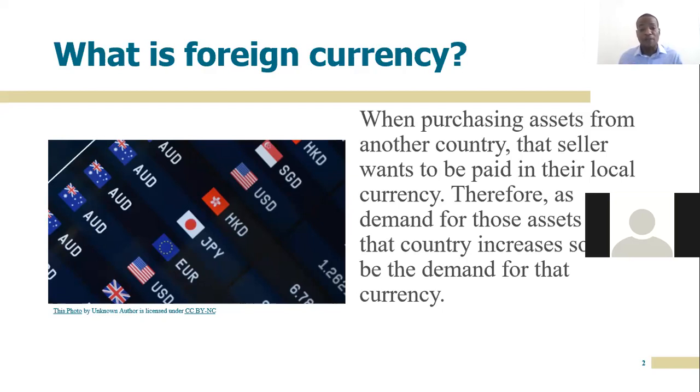That increases the demand for the US dollar. That's all foreign currency is: you making purchases in another country, and the seller in that country needs to be paid in their currency. So you have to pay them the equivalent in their currency.